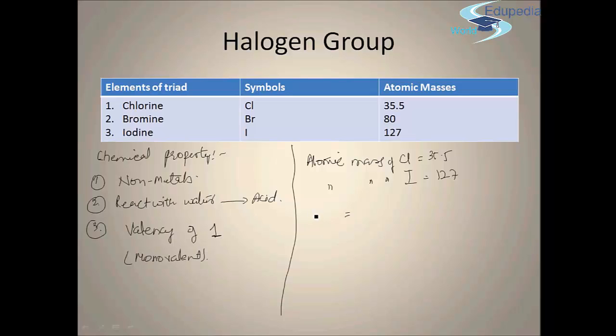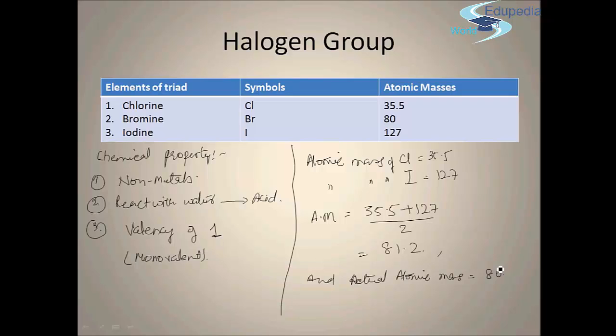So if we take out the arithmetic mean of the atomic masses of first and third, that is 35.5 plus 127 by 2, it comes out to be 81.2. And the actual atomic mass of bromine, the middlemost element, is 80.